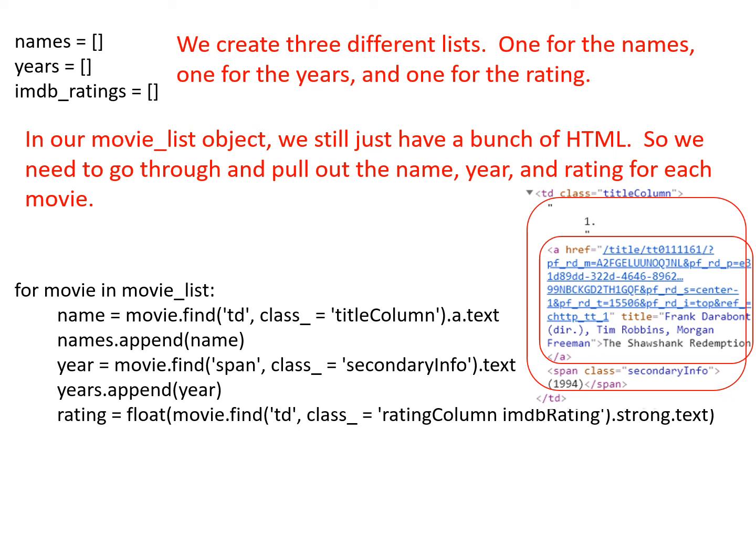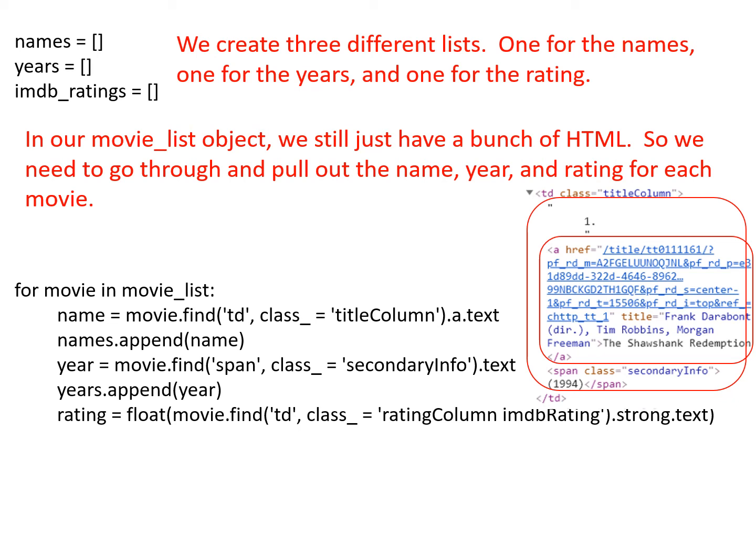Now there's one other little extra part to this statement. You see that all of that movie.find stuff is in parentheses, and in front of it, it says float. What that's doing is it's going to take whatever rating is found, like a 9.2 or something like that, and turn it into what we call a floating point decimal.